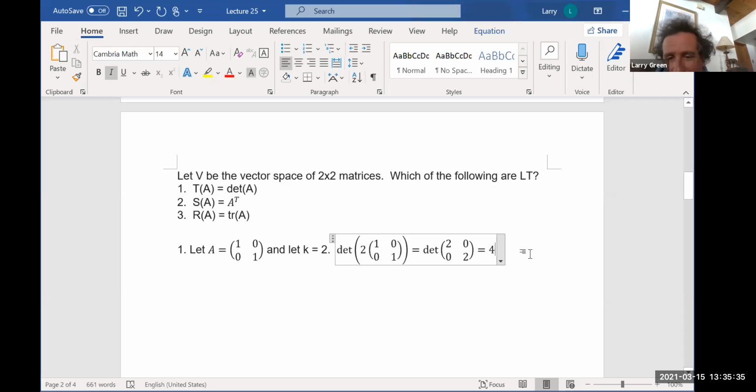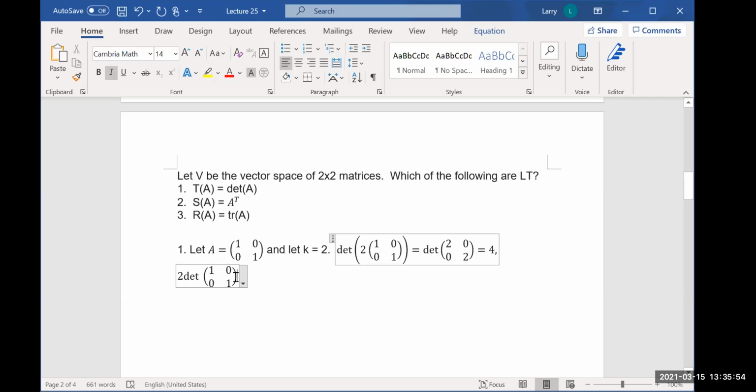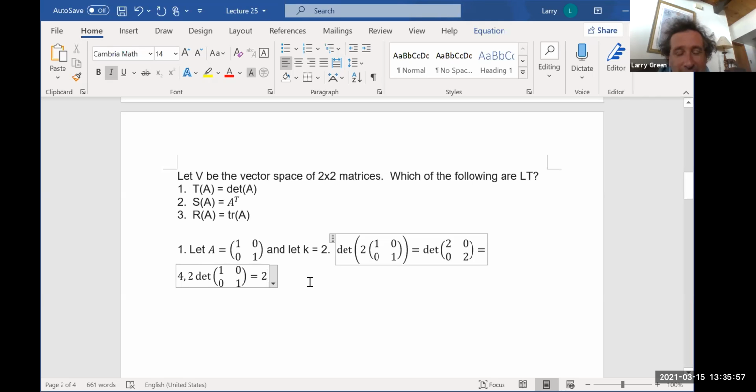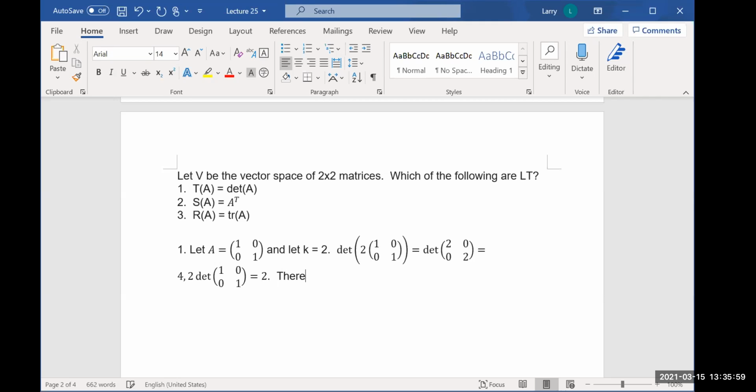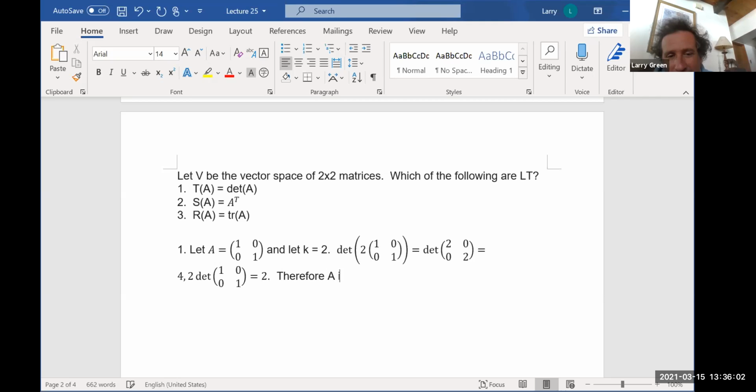On the other hand, 2 times the determinant of 1, 0, 0, 1, the identity, is what? 2. So what's the conclusion? It's not a linear transformation. T is not a linear transformation because T of KA was not K times T of A. Any questions on that?